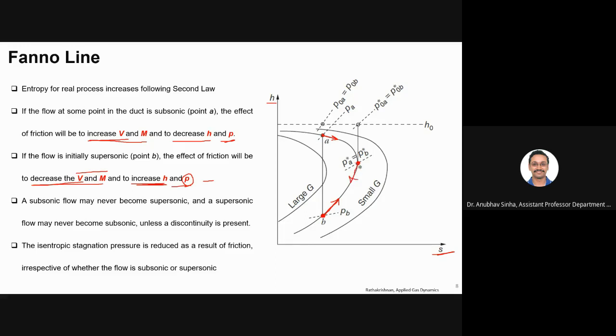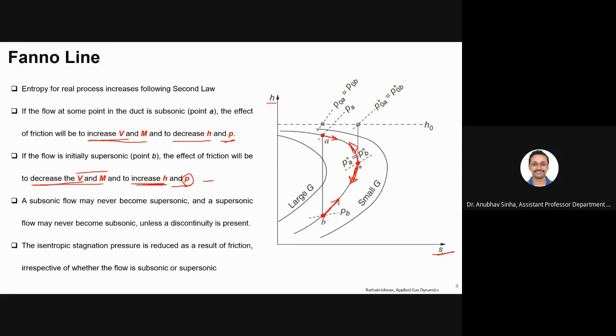Because entropy can't decrease by friction. Correct. Similarly, if I reach sonic from supersonic, then I cannot go to the subsonic region because entropy is decreasing in both directions.